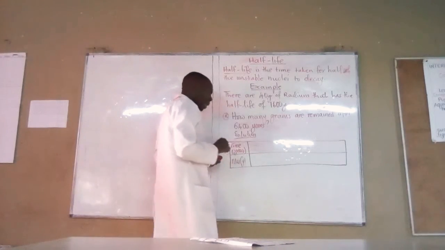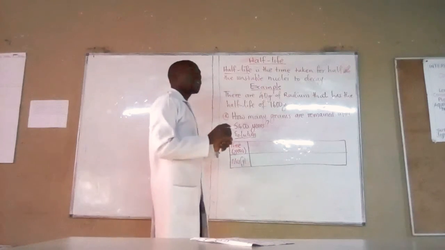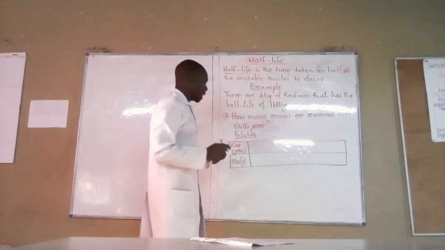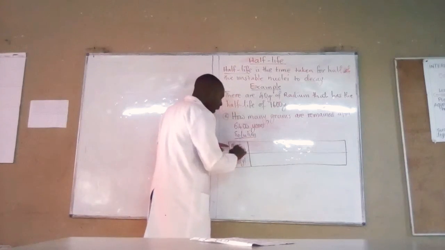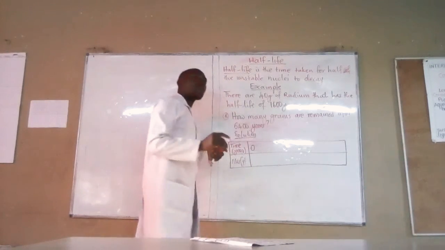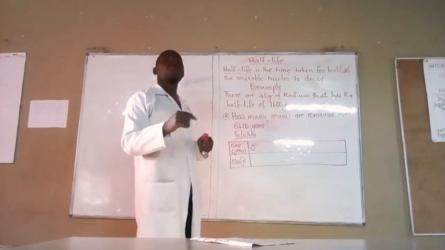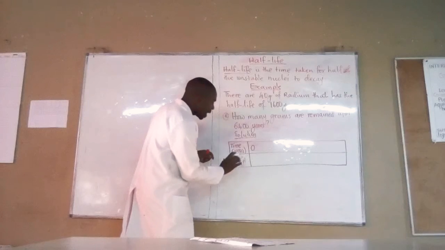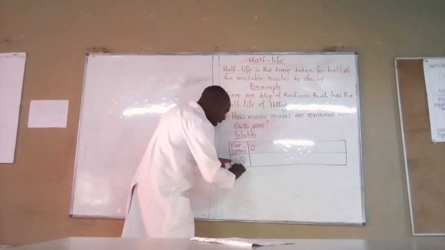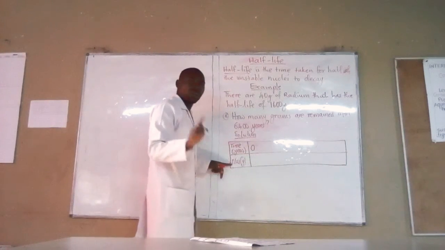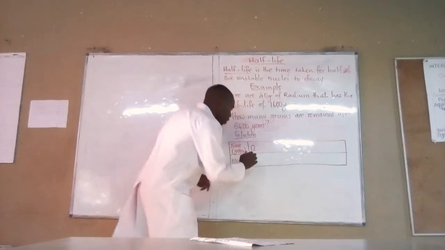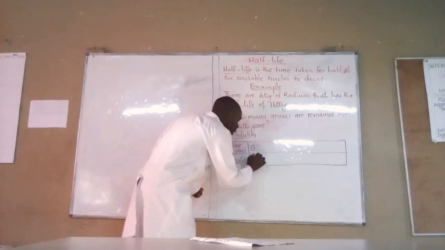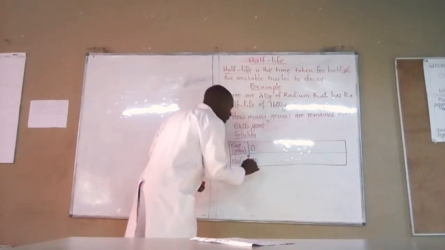The next step is the initial quantities. The initial quantity for time is 0. Time always begins at 0. So here we write the total mass of radium, which is 40 grams.